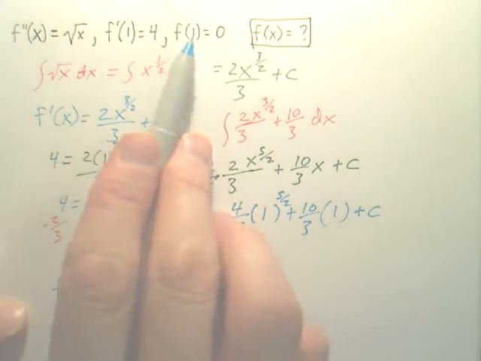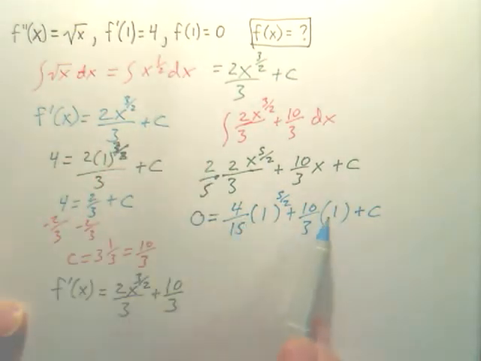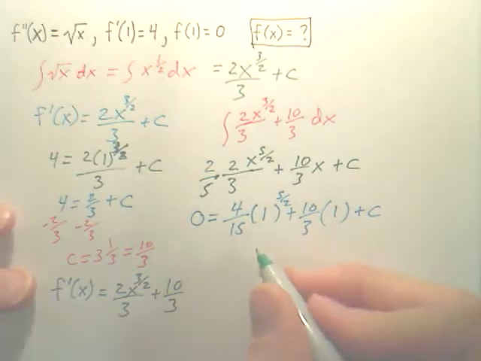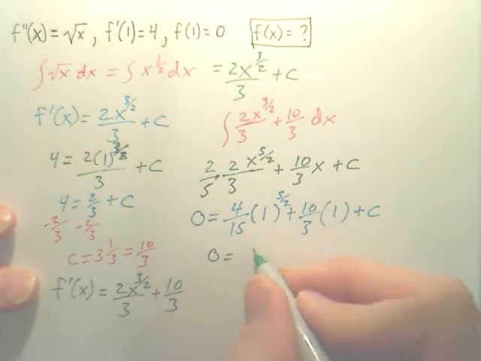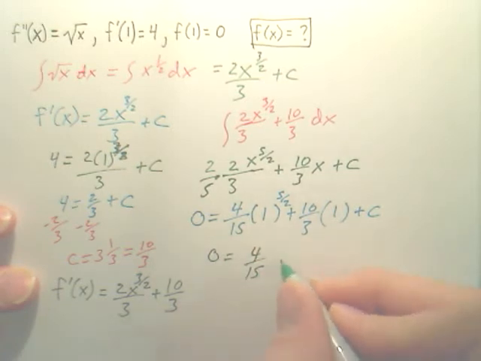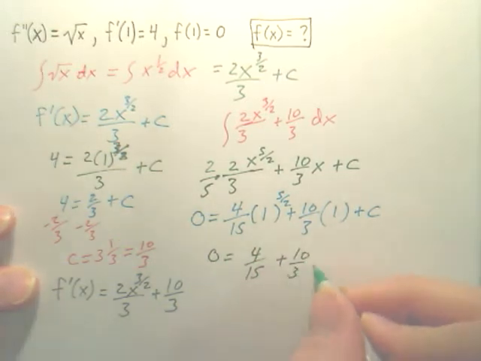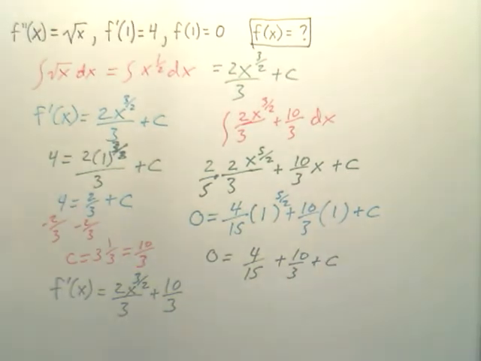Again, my output is 0, my input is 1. If I solve this for c, it looks like I'll have 0 equals 4/15 plus 10/3 plus c. That's nice and ugly. Not that bad, though.